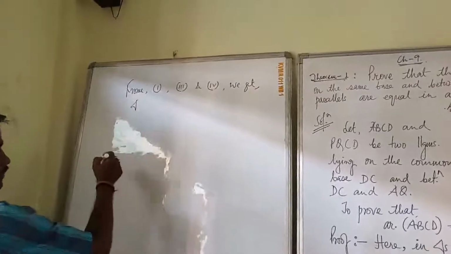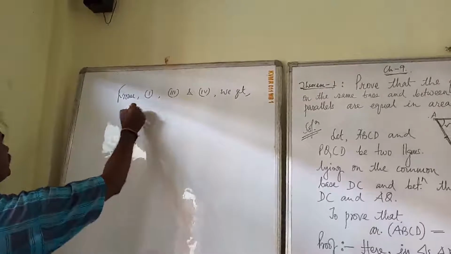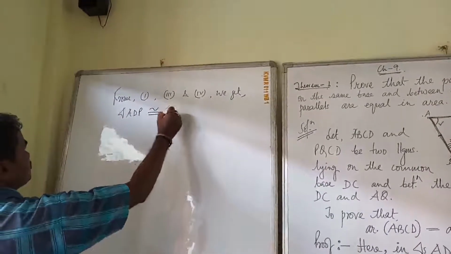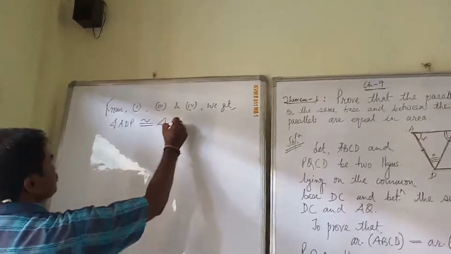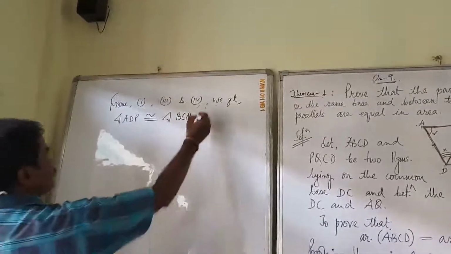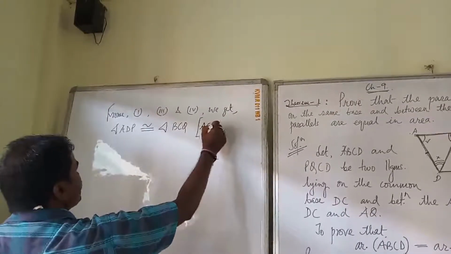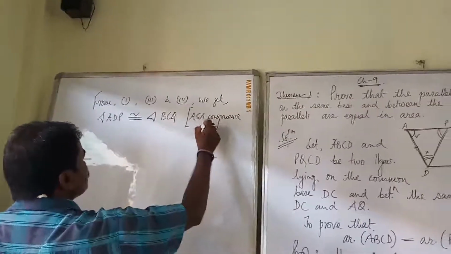triangle ADP congruent to triangle BCQ by the angle, side, angle congruence rule.